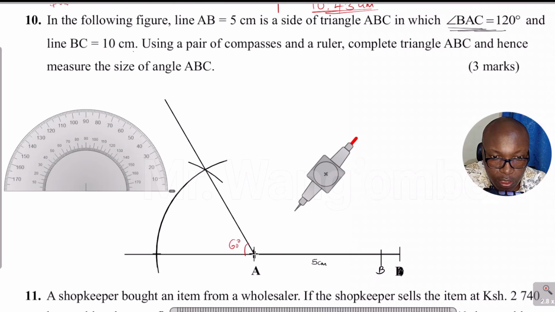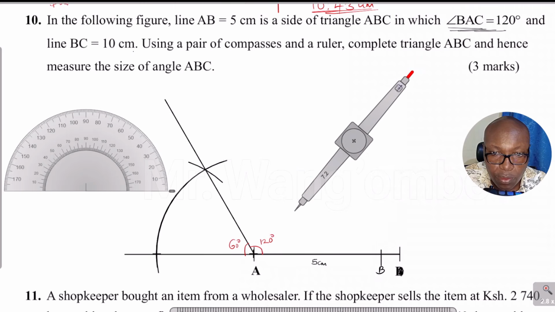Having 60 degrees, and this is a straight line, and the sum of angles on a straight line should be 180, then 120 will be here. Then after doing that, BC should be 10 centimeters. So how do I achieve that length? I'll take with a pair of compasses, make sure you take 10 centimeters.